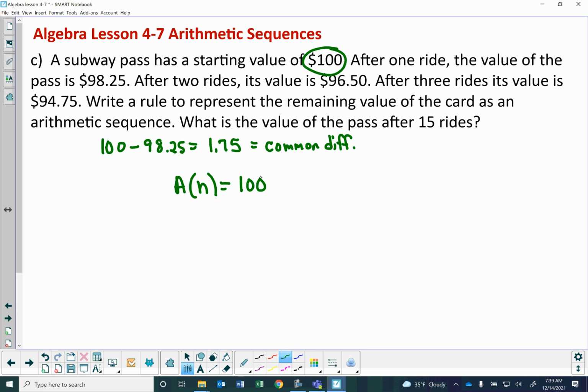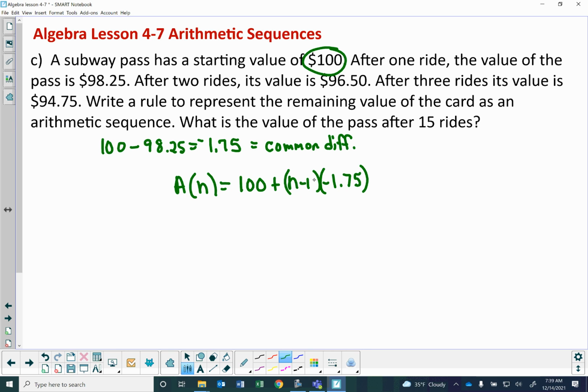In this case, since it's going down, the common difference is actually negative 1.75. So we add the n minus 1 times negative 1.75 because we're going down in value rather than up in value. So there is my explicit formula.